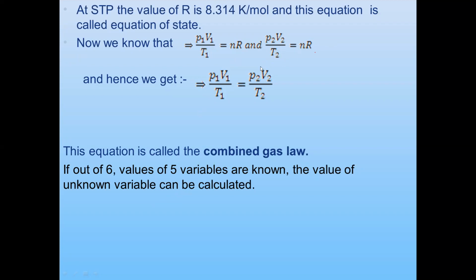So then we can imply that P1 V1 upon T1 is equal to P2 V2 upon T2. So this equation is called the combined gas law. And if out of 6 variables, values of 5 variables are known, the value of the unknown variable can be calculated.